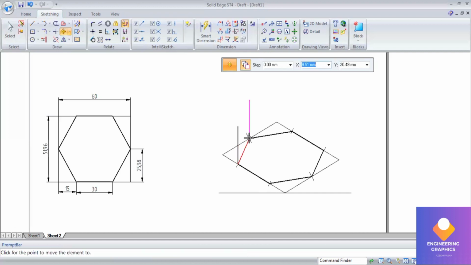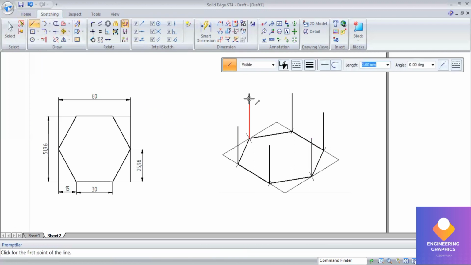Select the corner end and then place it with respect to all the corner points. By using continuous line, I want to join all these corner points. So that completes the hexagon.